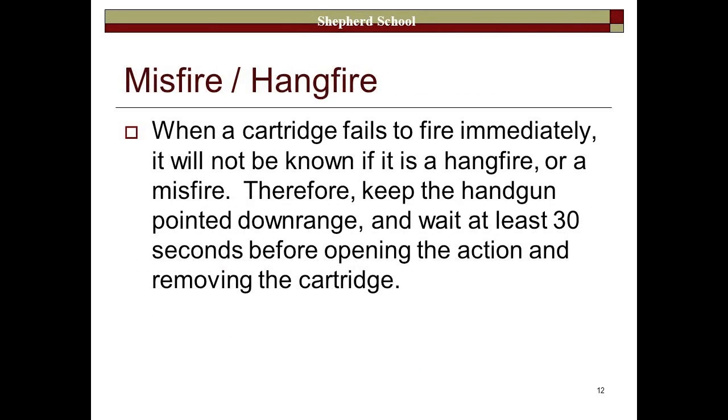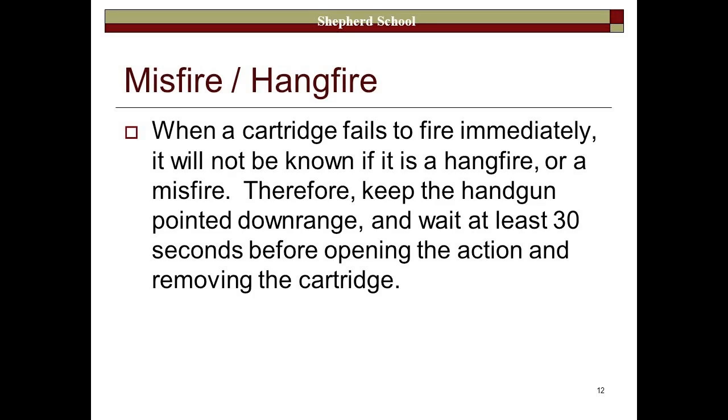Now, when you pull the trigger on the gun and you get a click and no bang, you really don't know if it's a hang fire or a misfire. So we're going to treat both of them like a hang fire. Basically, with a misfire, the way you fix it is you put a new round in there. But if you have a hang fire and you think it's a misfire and you eject the round, it goes off as it's flying through the air or as it lands on the ground next to your toe.